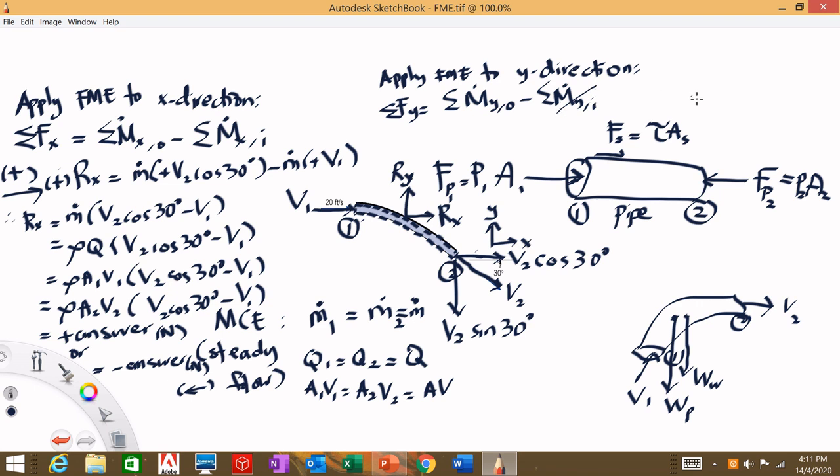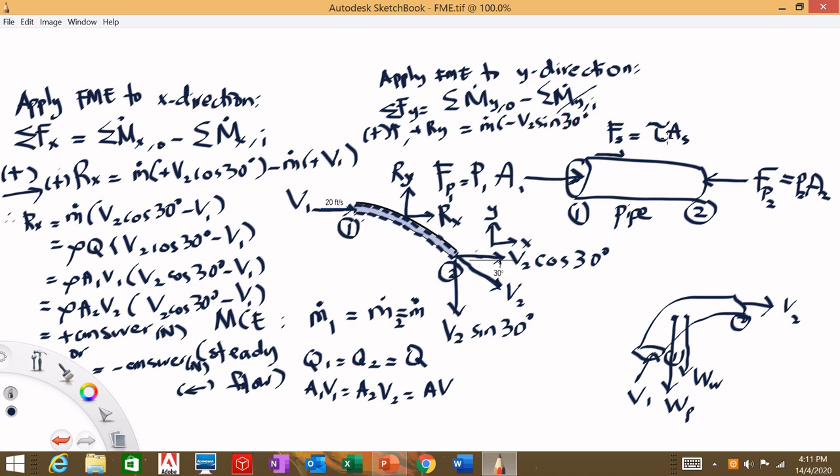Normally, for the y direction, I always assume positive upwards. So my assumption of Ry, the reaction force in the y direction, is going up, a positive Ry. It's equal to m dot times the velocity at the outlet in the y direction, which is going down. So it's a negative v2 sine 30.